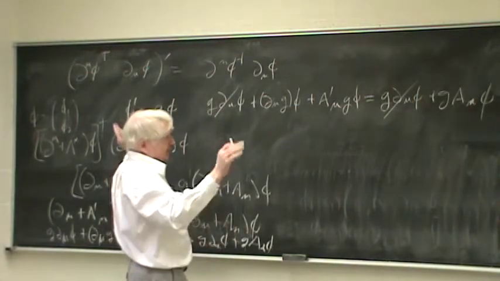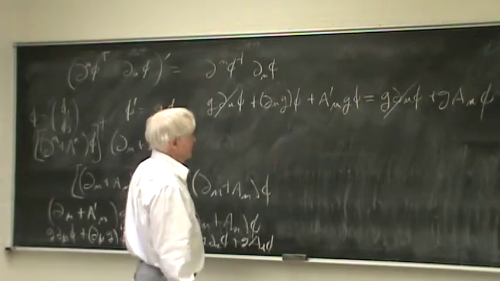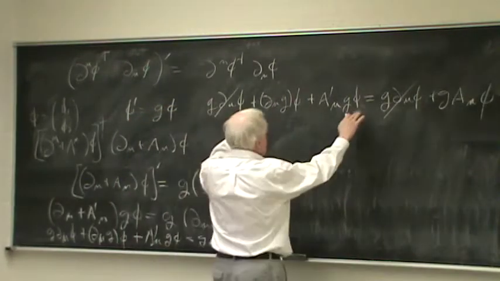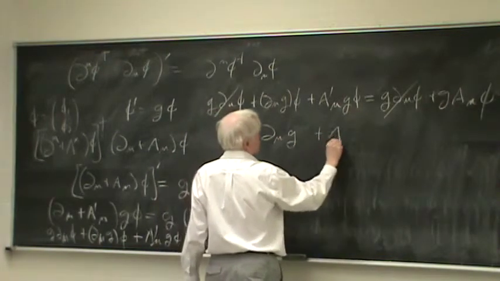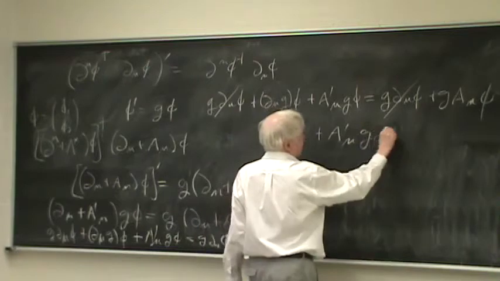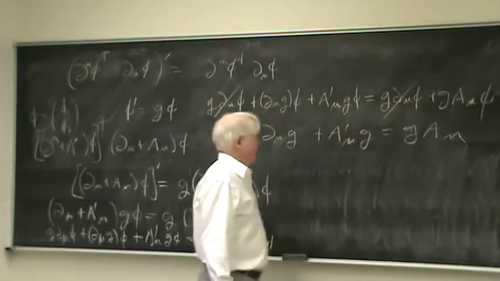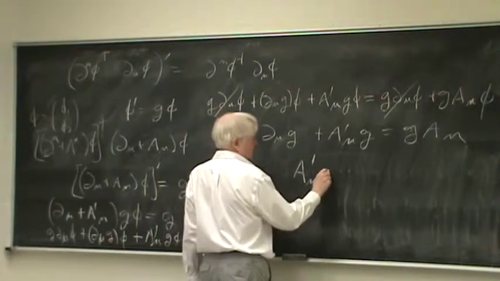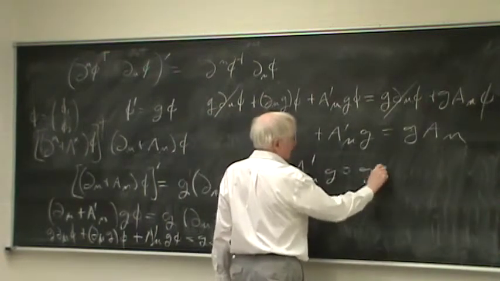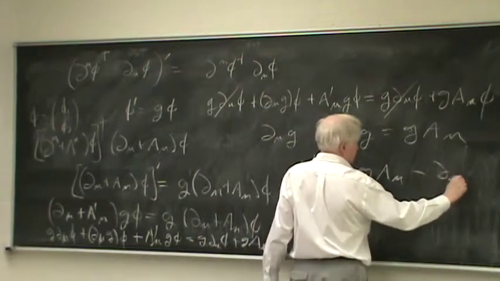And then if the phi is always on the right, we'll satisfy this as long as we have d mu g plus A prime mu g equals g A mu. And that's pretty simple to work out then. It's A mu prime g is g A mu minus d mu g.